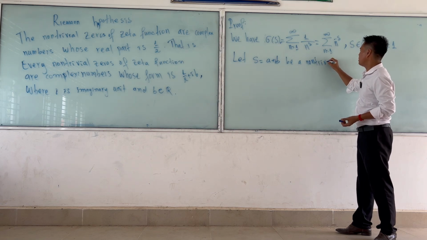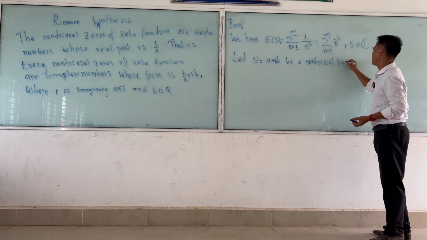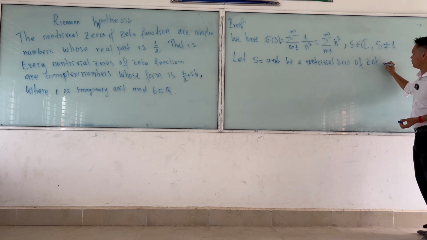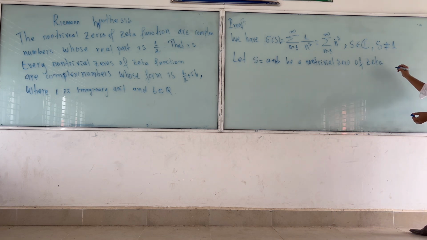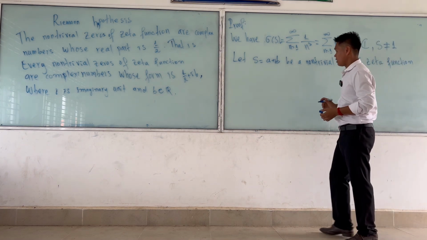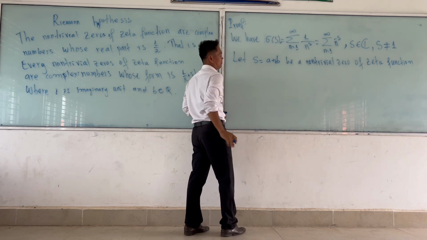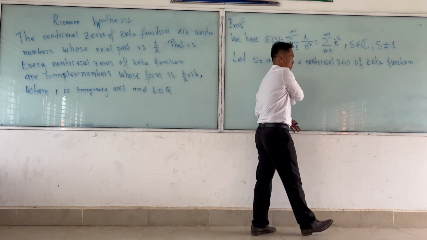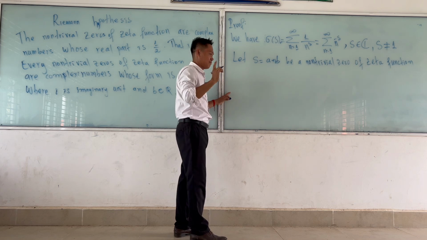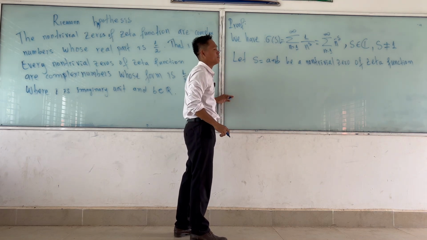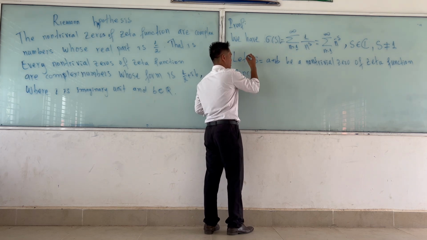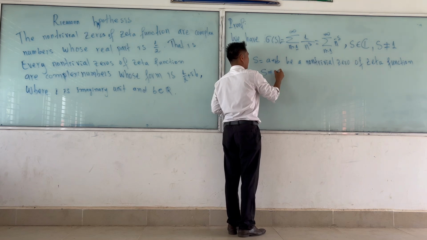Non-trivial 0 of zeta function, or we can say in short zeta. Yeah, zeta function. And because s is non-trivial 0 of zeta function, s is not trivial 0. We get this. And also s is different from 1. Since s is different from 1, why?